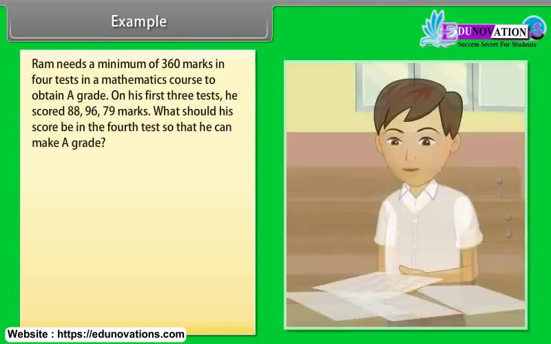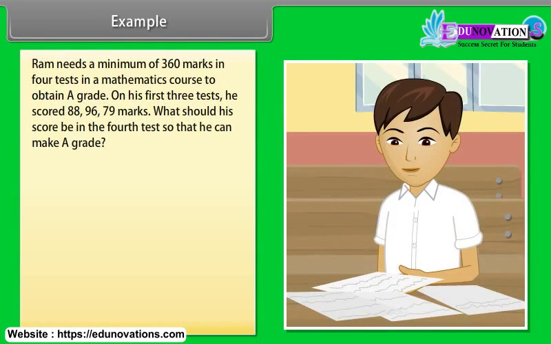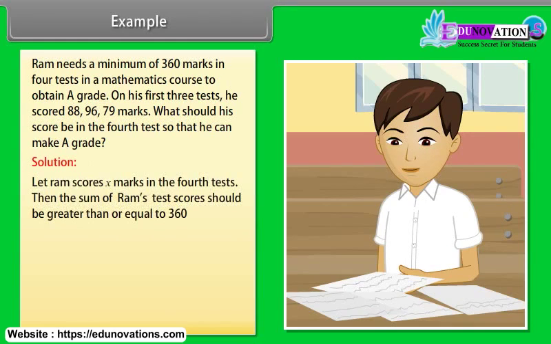Example: Ram needs a minimum of 360 marks in 4 tests in a mathematics course to obtain A grade. On his first 3 tests, he scored 88, 96, 79 marks. What should his score be in the 4th test so that he can make A grade? Solution: let Ram score x marks in the 4th test.